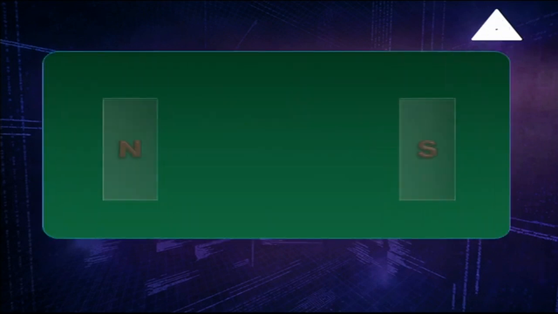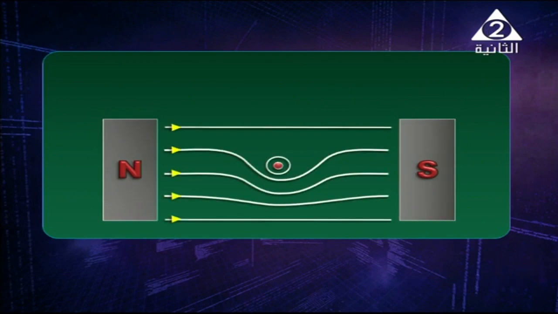On one side of the wire, the two fields have the same direction, so the density increases. On the other side, they have opposite directions, so the density decreases. The wire will be moved towards the weaker side.